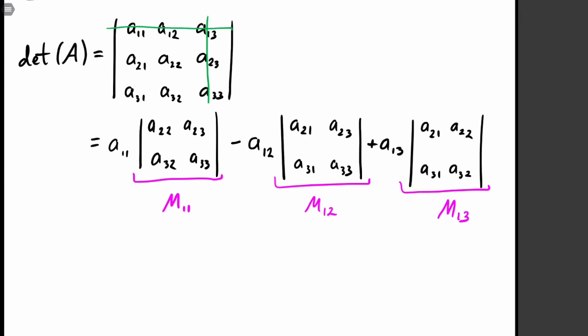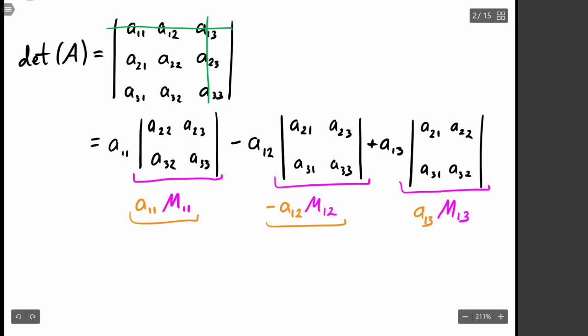Right? And then we have these things called cofactors, which are when you add on these numbers and the signs that come with them. So A11, this one here is negative A12, and this is A13.